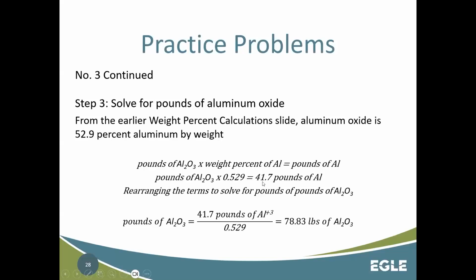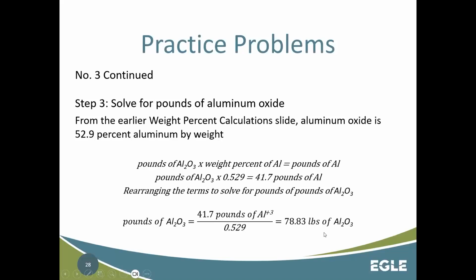And we also know from our previous calculation on the last slide that we had 41.7 pounds of aluminum. So we're going to rearrange the terms to solve for pounds of aluminum oxide, and it's going to be 41.7 divided by 0.529, which gets us a total of 78.83 pounds of aluminum oxide.